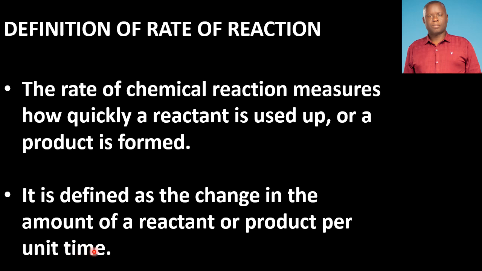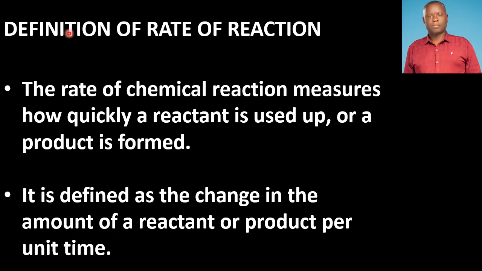So we have brought in a very important quantity here, which is time. That's why a rate of reaction, or rate of anything, means something divided by time. You're looking at the change of a quantity with respect to time.